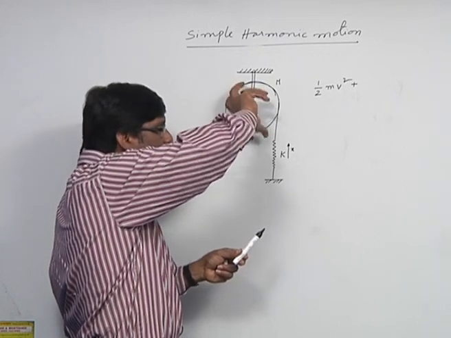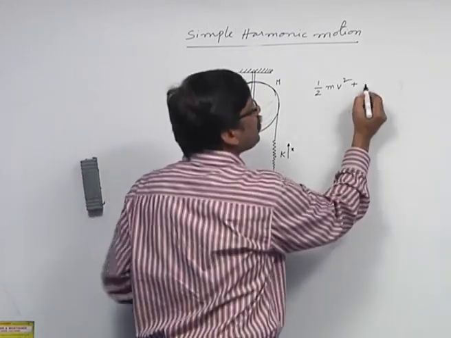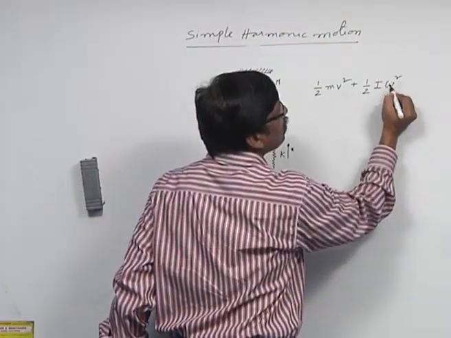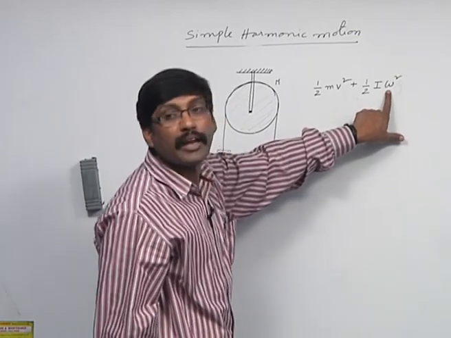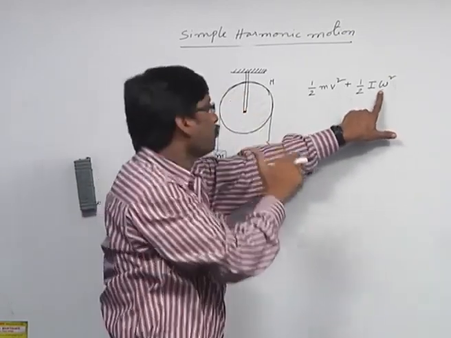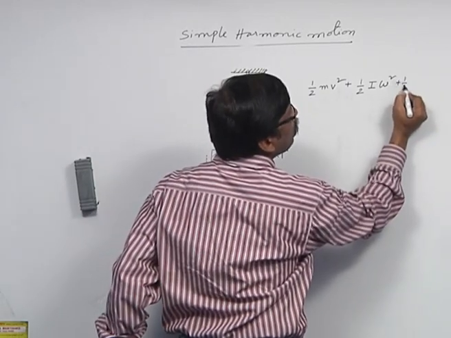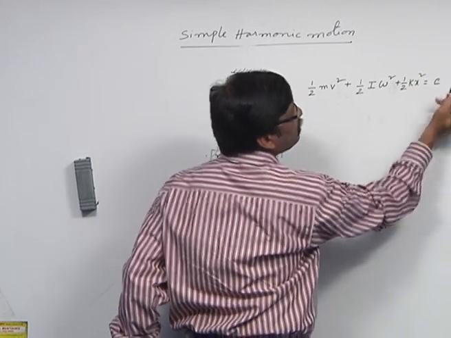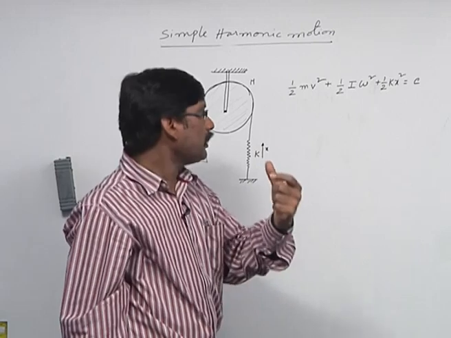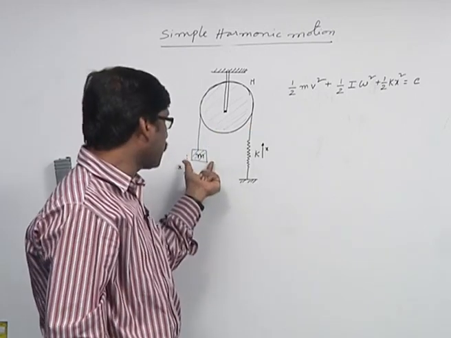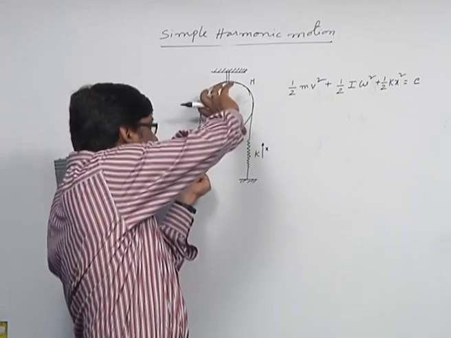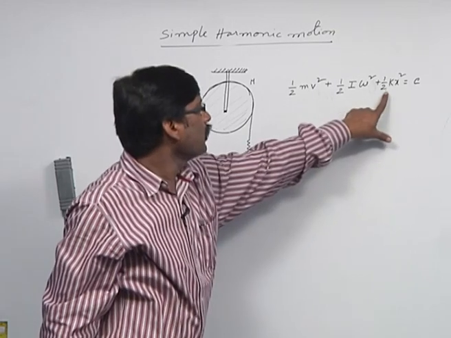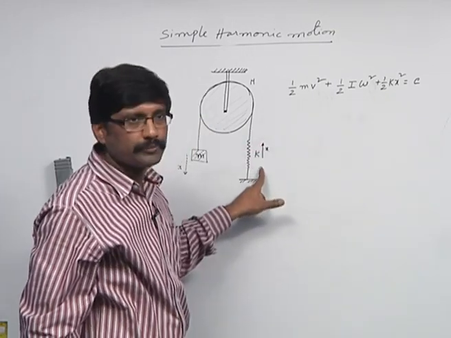Then the energy of this disk is a rotational kinetic energy, which is equal to half I omega square. Of course, this omega is the angular velocity of this disk, plus half kx square is equal to some constant c. The total energy of the system is the kinetic energy of this mass, the rotational kinetic energy of this pulley, or pulley usually it is taken as a disk, plus the elastic potential energy stored in the spring.